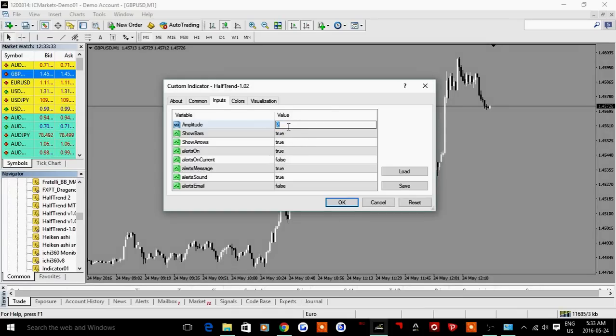It has only one setting, amplitude. We can use 1 to 15, whatever, but since the Half Trend actually came when we were discussing the Odin Hedge system, and the setting which compares to that system is 15, I can use 15.